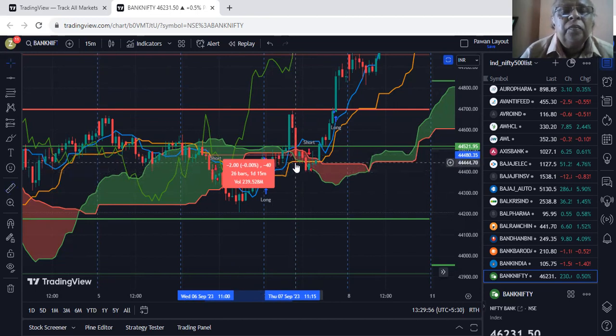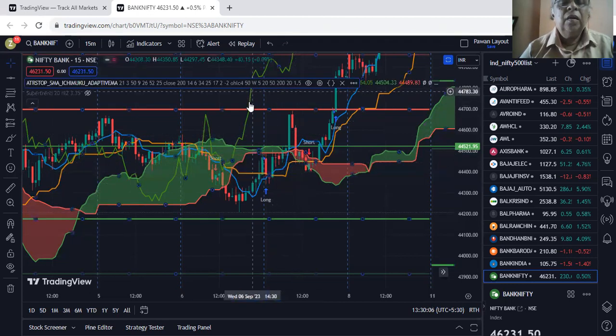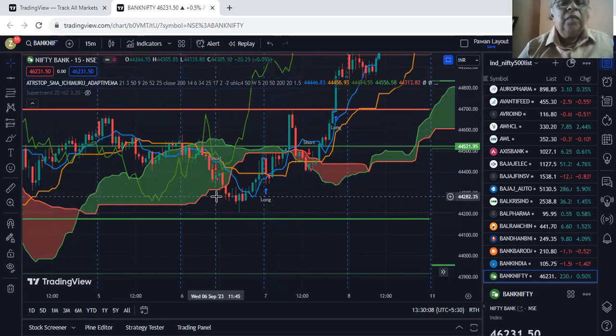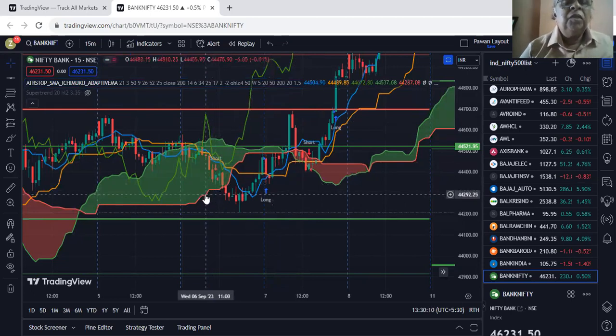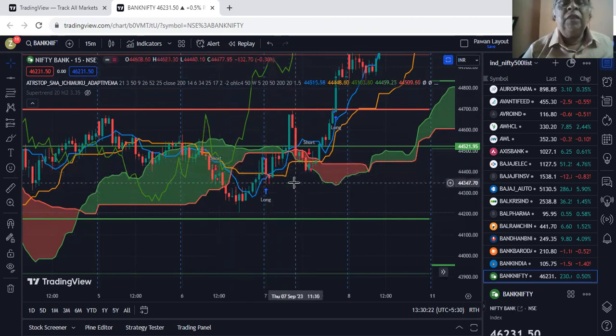From the position of Chikou, the corresponding candle is taken into calculation, and from here we move forward 26 periods to identify the candle, and that candle is this one.